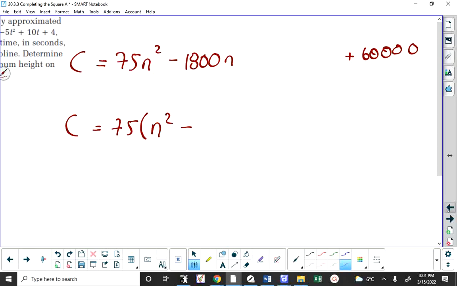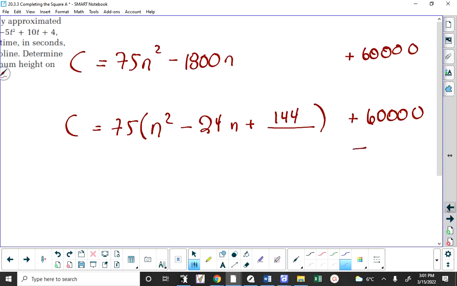Boy, was I ever wrong. 24n, plus some number I'm going to add. Then I have plus 60,000. Figure out for me, and you might need a calculator here, what we add. 144. Half of -24 is -12. Squared is 144.